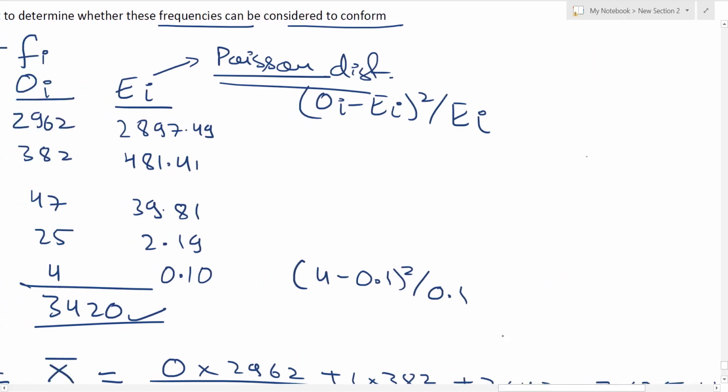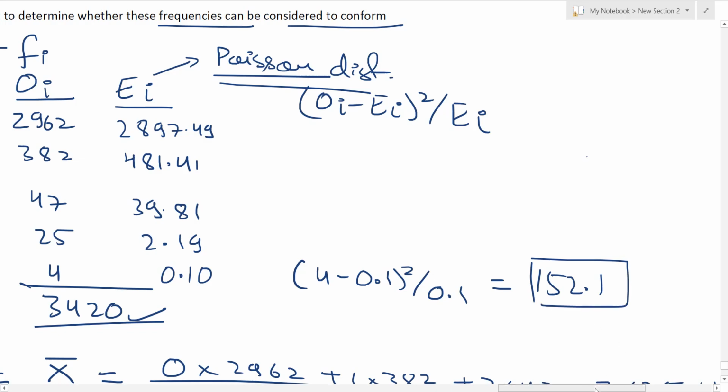The value is huge. It comes out to be 152.1, which is an absurd value here.